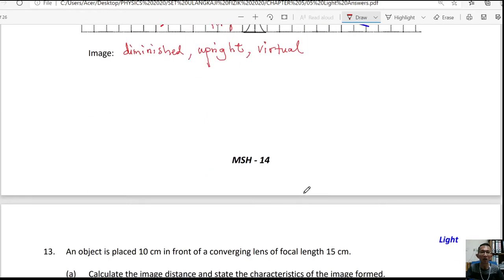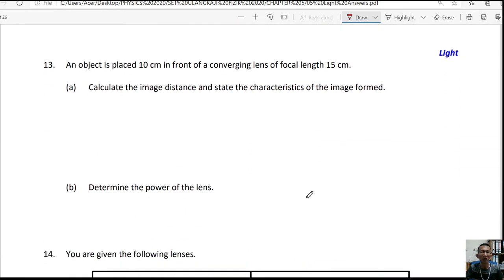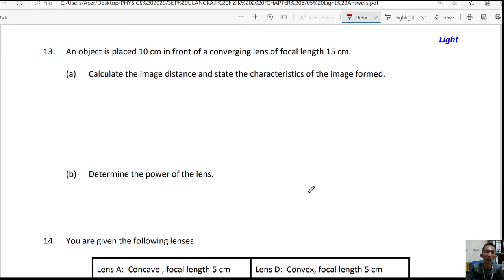Okay, let's move on. Now you are given an object placed 10 centimeter in front of a converging lens. So you are using a converging lens, so this is our convex lens. Another name for convex lens is converging lens, kanta penumpu.